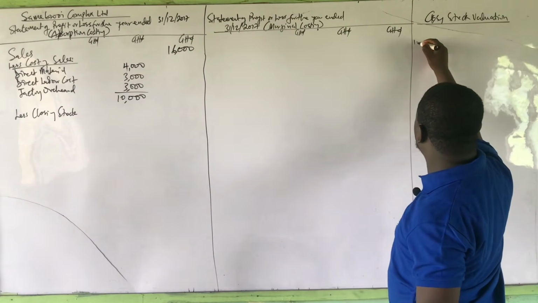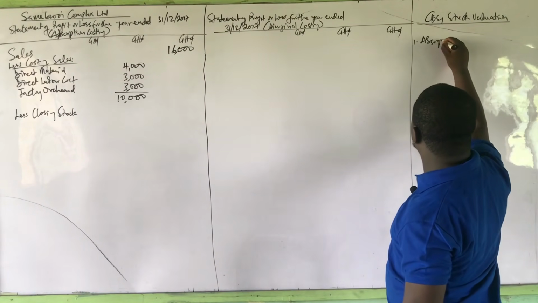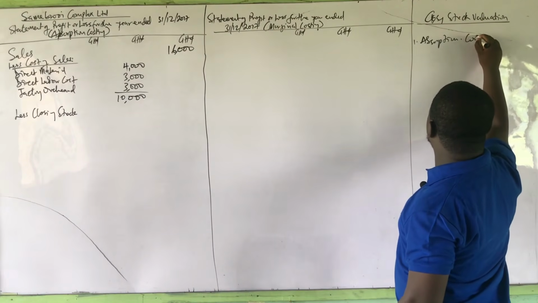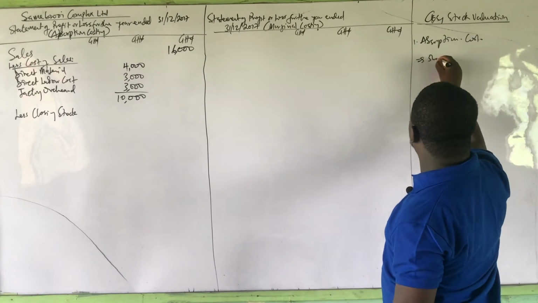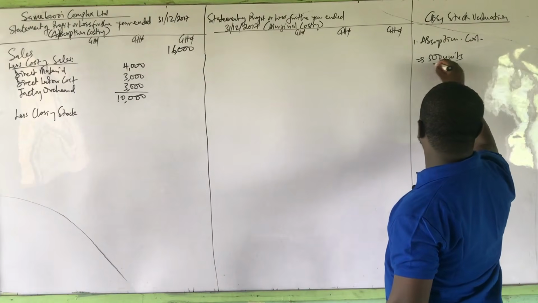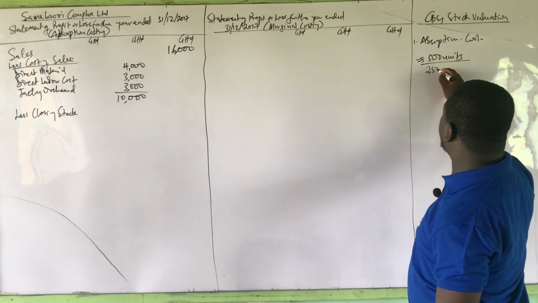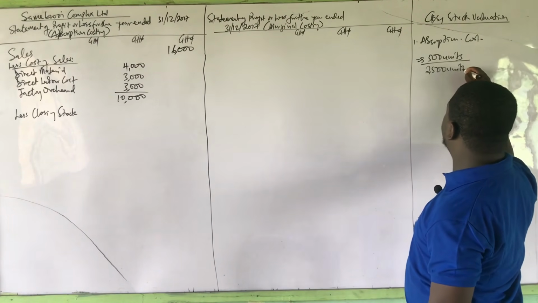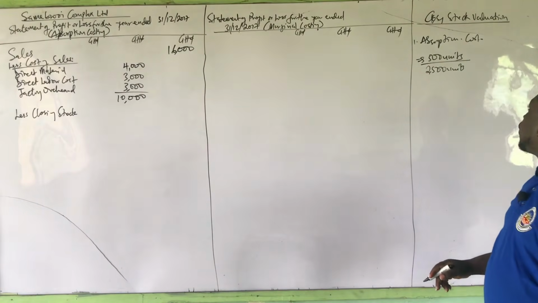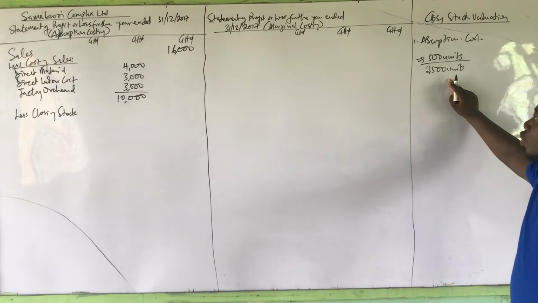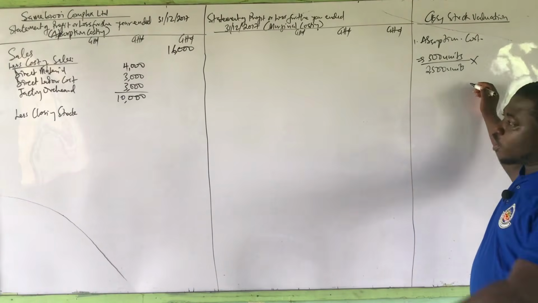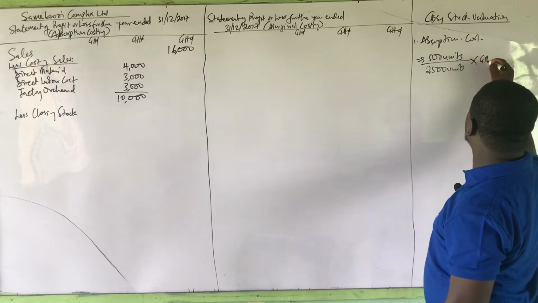Closing stock valuation, 1, absorption costing valuation. So that is the first working. Under absorption costing, we will say 500 units over 2,500 units. The 500 units is the value of the closing stock in units. The 2,500 is the total production, times the cost of production, which is 10,000 Ghana cedis.